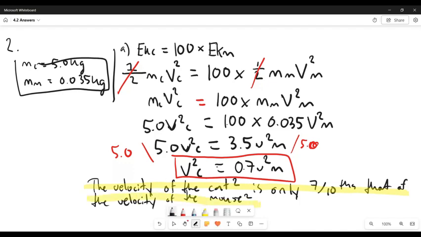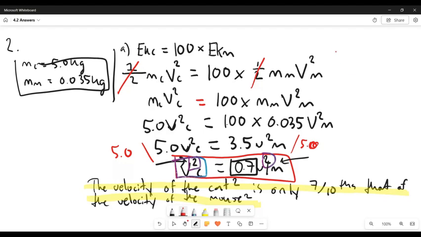So basically, what it is trying to say is that the cat is running slower than the mouse, and to tell specifically how much, 7/10. That is if the velocity was still squared. So if it's still squared over here, then the cat is running 7/10 that of the velocity of the mouse.